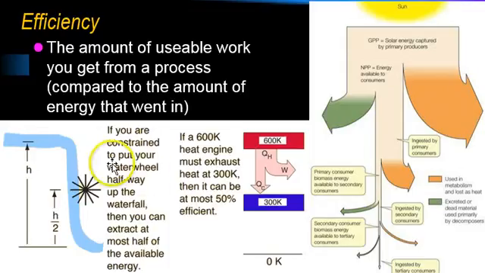Right? So, for example, if you have a water wheel, the amount of energy actually captured by that water wheel is its efficiency compared to the amount of water energy that actually went into that system. And this happens in natural systems too. You can see all of these different places where we lose energy. So in the end, the whole system might be kind of inefficient.